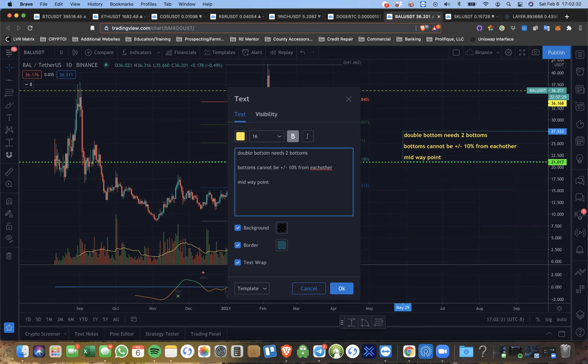Midway point, so the middle of the W should be around 50% of the total W, or the total pattern. So about 50%, right?